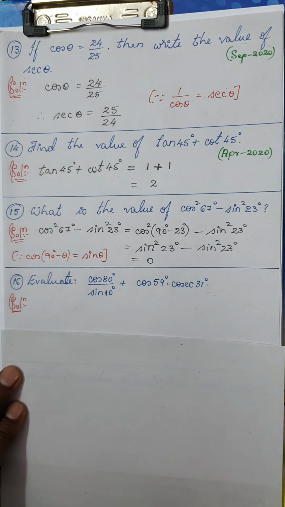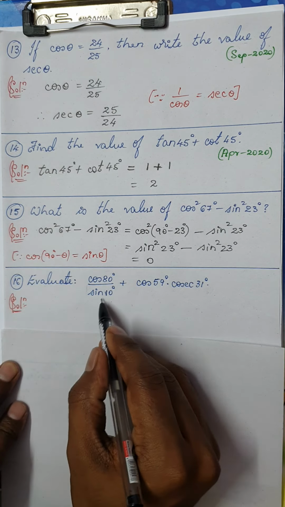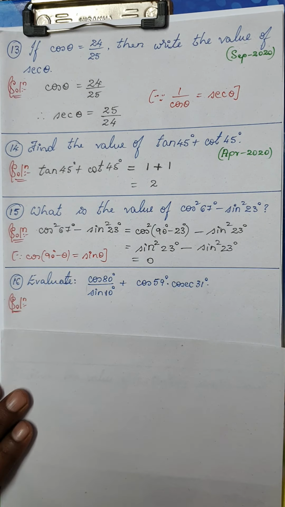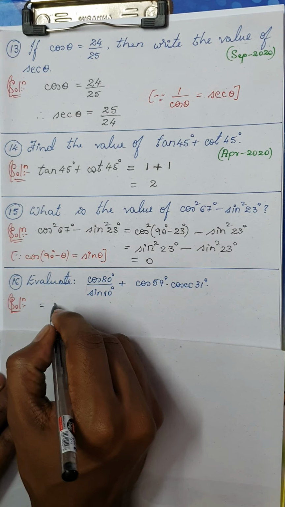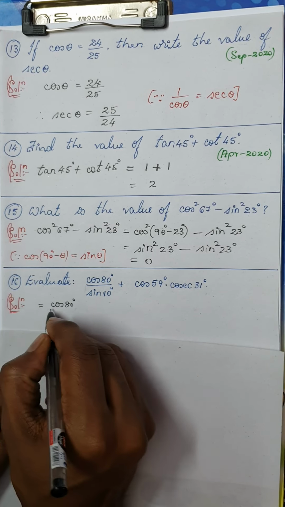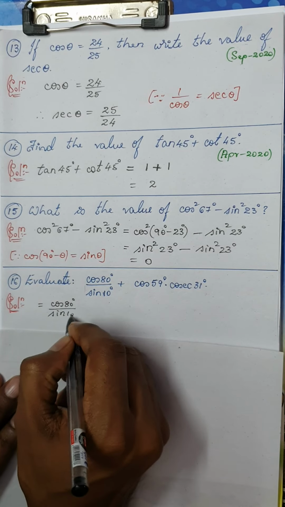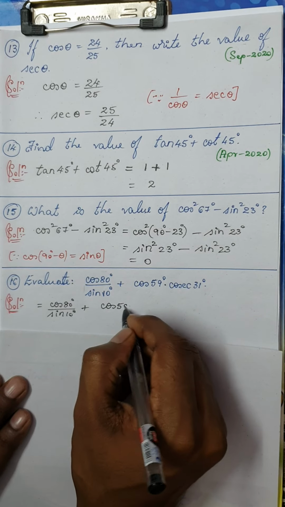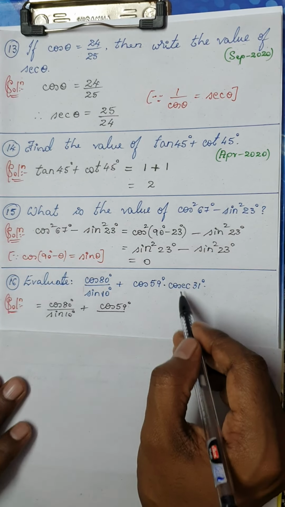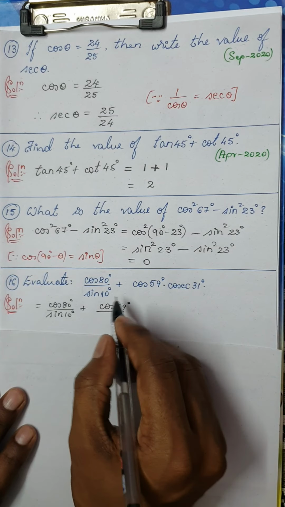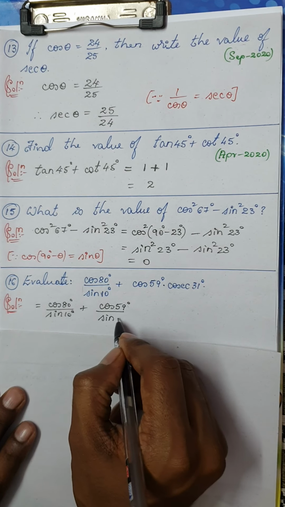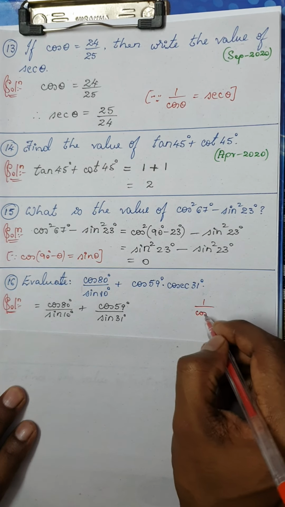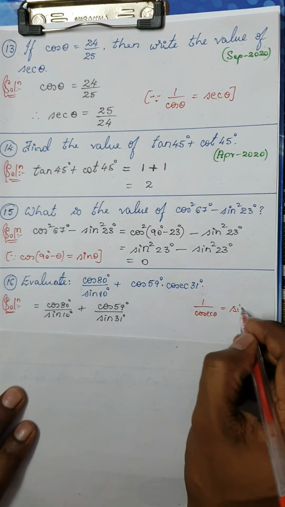Now look here, I want cos 80 degrees divided by sin 10 degrees plus cos 59 degrees into cosecant 31 degrees. So I will write it as cos 80 degrees divided by sin 10 degrees plus cos 59 degrees divided by, I take the cosecant to the denominator. If you take cosecant to the denominator, sine comes. Why? Because 1 by cosecant theta is equal to sin theta.